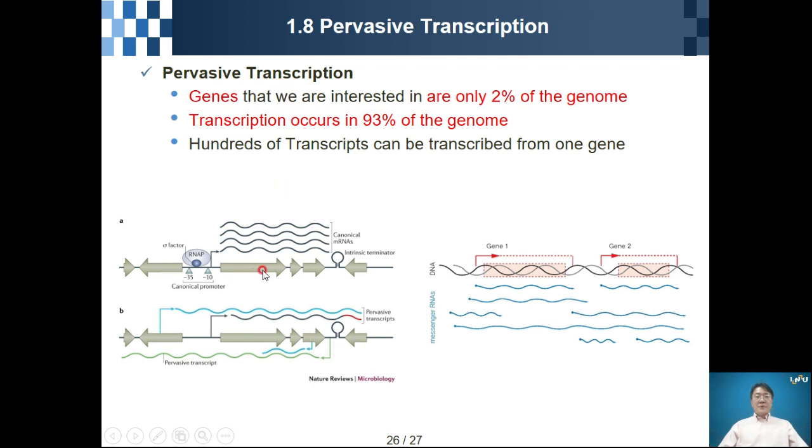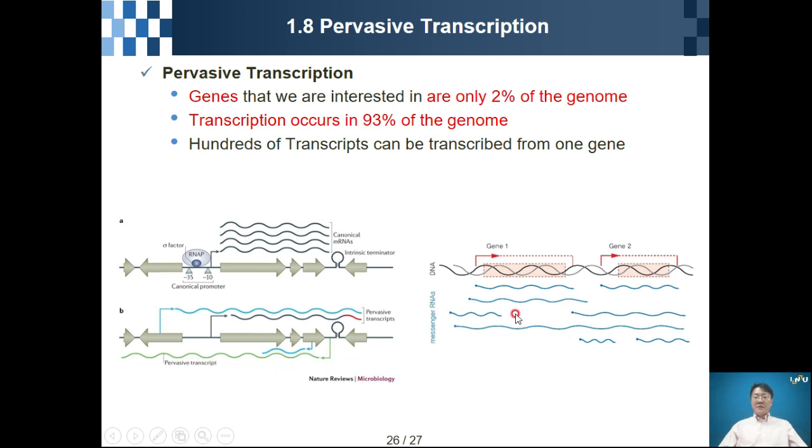Okay, for example, if we are interested in this gene, usually the transcription factor binds to here, so only this gene can be transcribed. For example, this is gene 1 and gene 2. Only gene 1 is transcribed by its transcription factor, and only gene 2 can be transcribed from its transcription factor. But we found that transcription occurs in 93% of the genome.